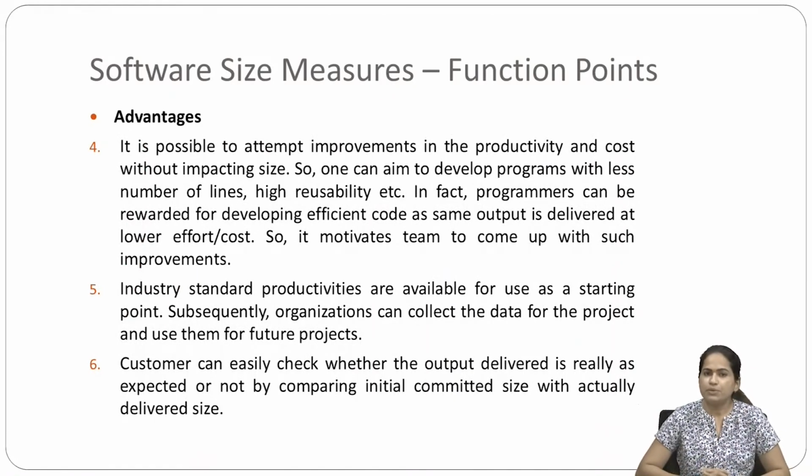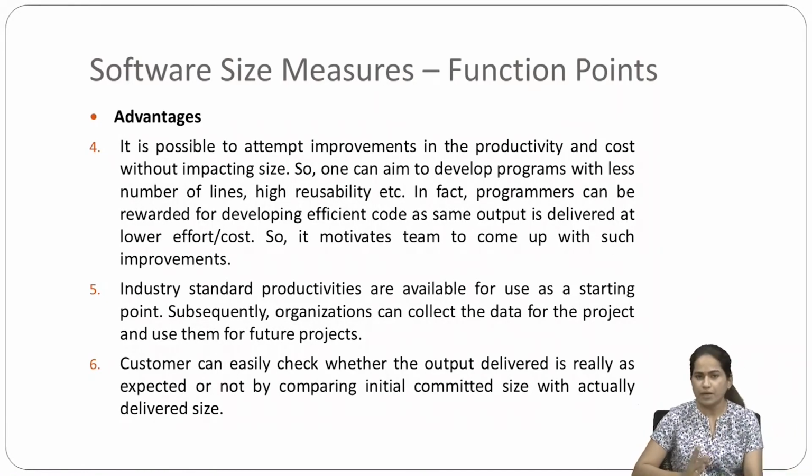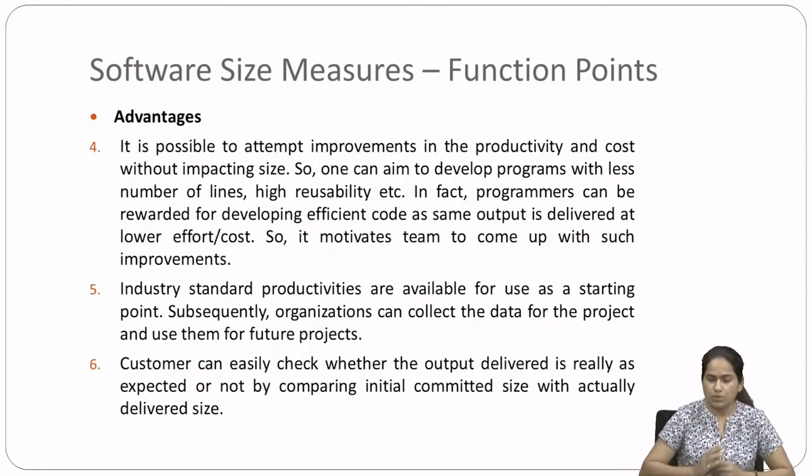Another advantage is the possibility of improving productivity and cost without impacting the size. If we are using FP, it will help us to find and apply improvements in productivity and costing of the overall software.